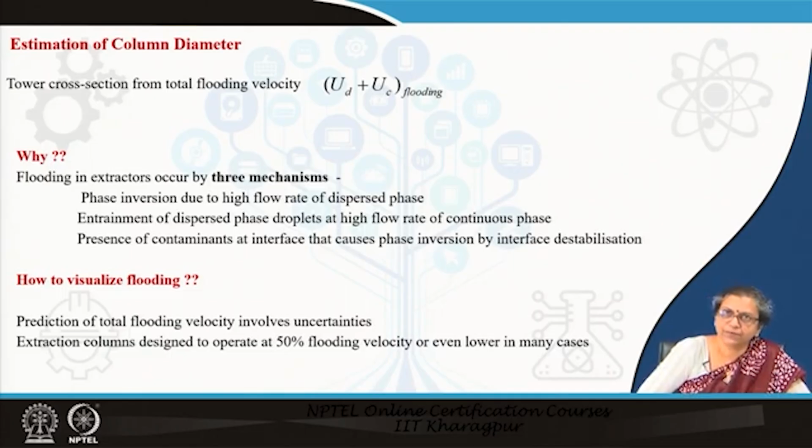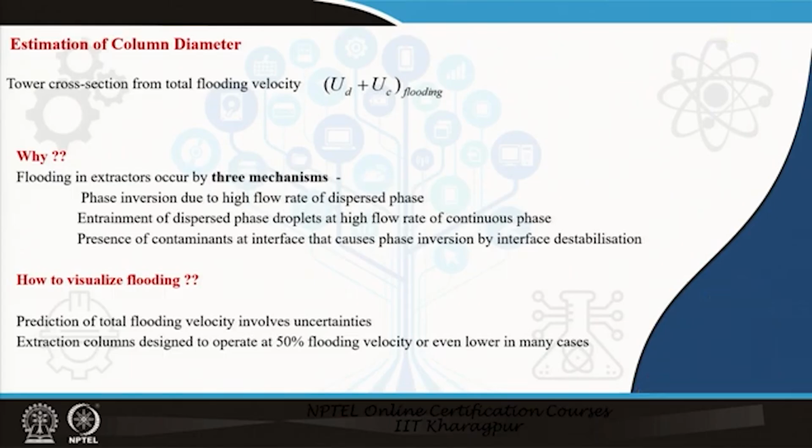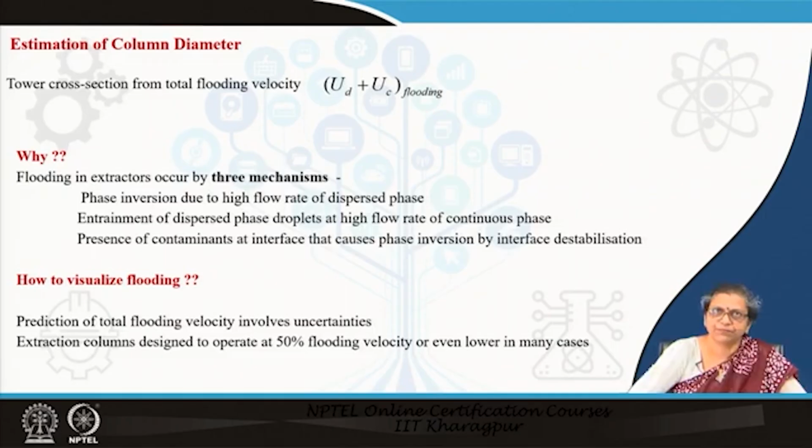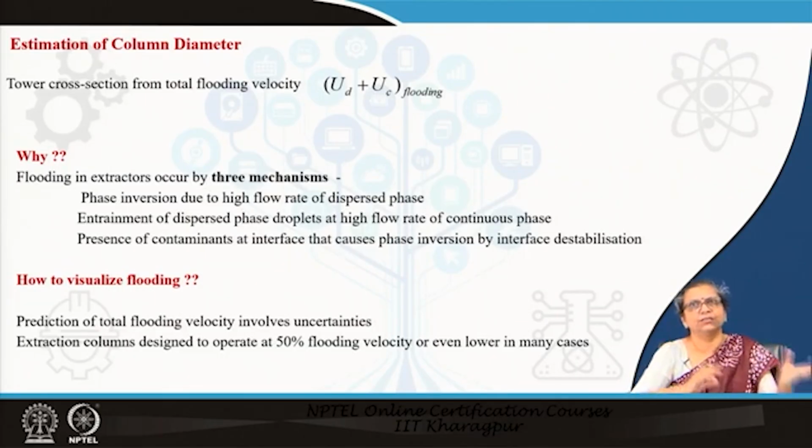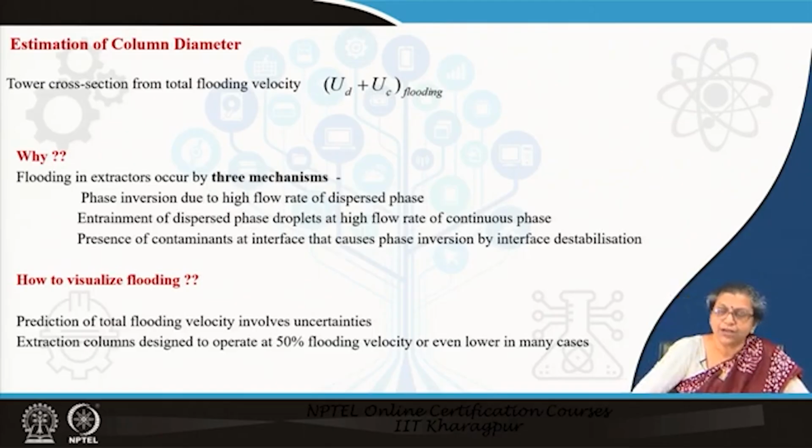During inversion, if you keep on increasing the velocity of the dispersed phase, at one particular time you will find that the dispersed phase becomes the continuous phase, and then it starts flooding, because the initial continuous phase has now become the dispersed phase. So, therefore, in this particular case, flooding can occur both by increase of the flow rate of the dispersed phase as well as by increase of the flow rate of the continuous phase.